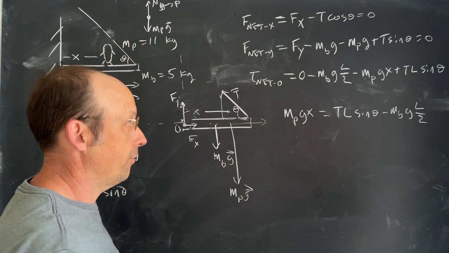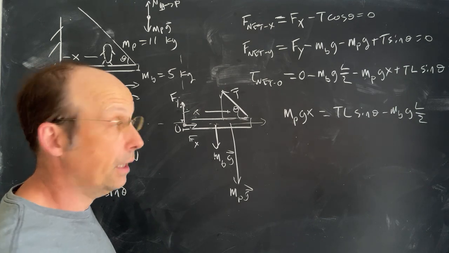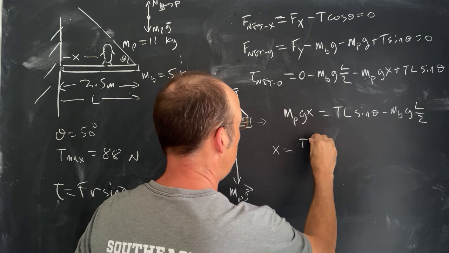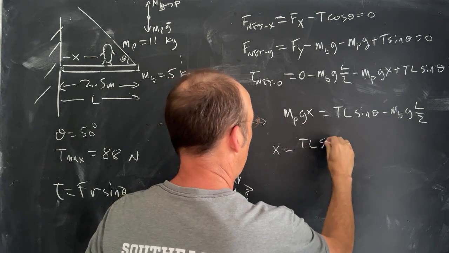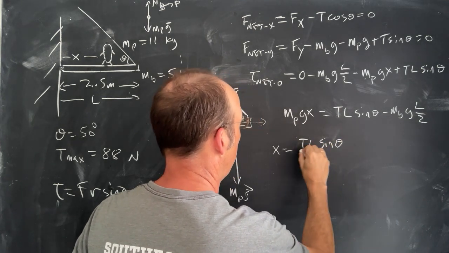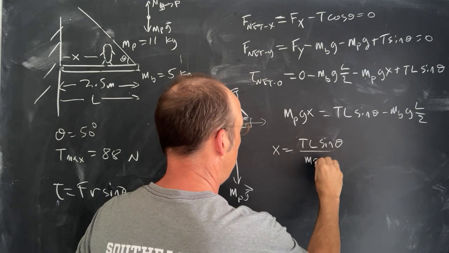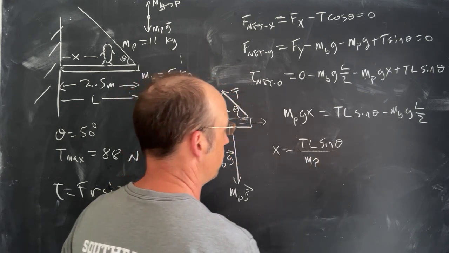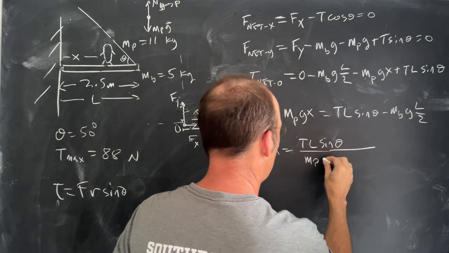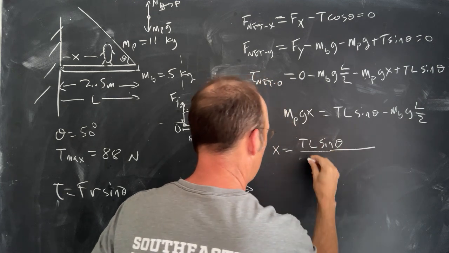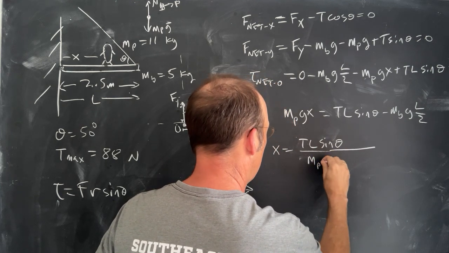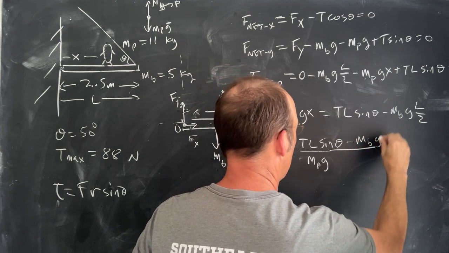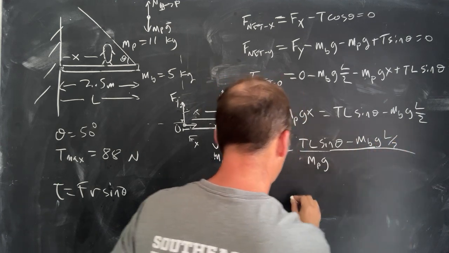I'm going to divide both sides by the mass of the penguin and g, and I get x. x is going to be T L sine theta minus m_B g L over 2, all over m_P g.